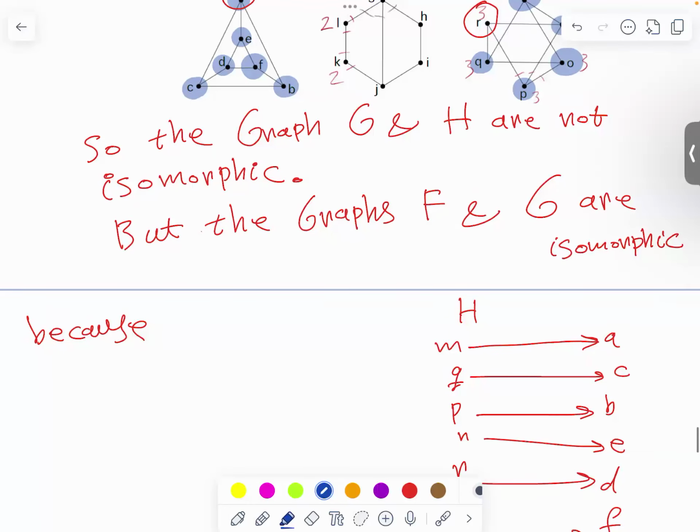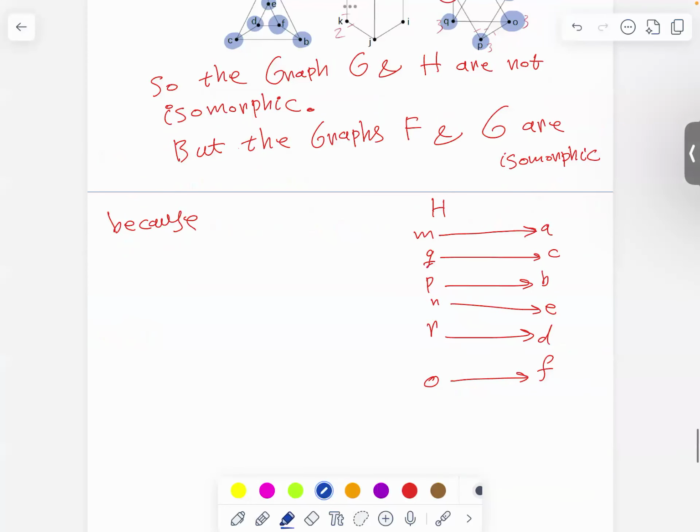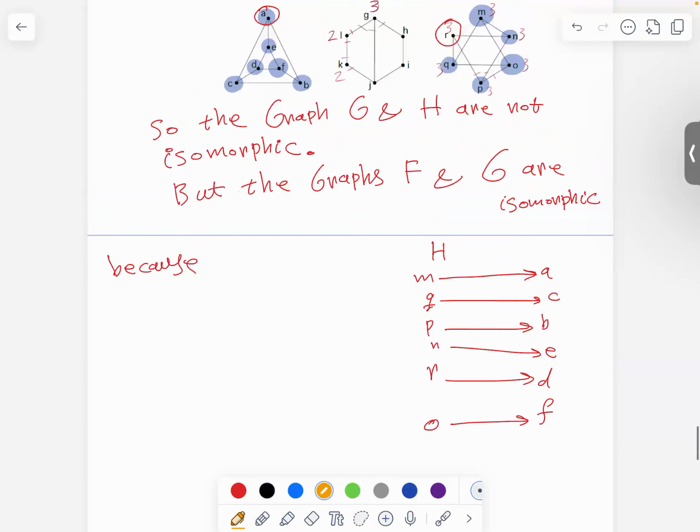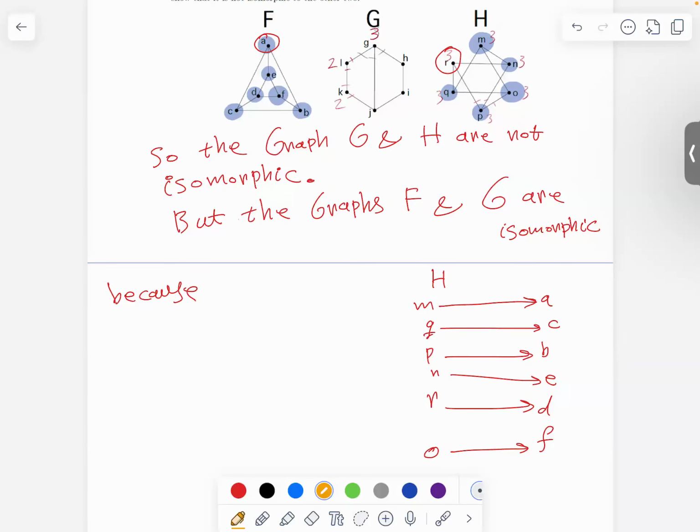Okay. Now we need to check if the structure of the edges is preserved. Let's use a different color. Now look at this one, M to N, and we need to choose M to N here. Is there any edge between A and E?